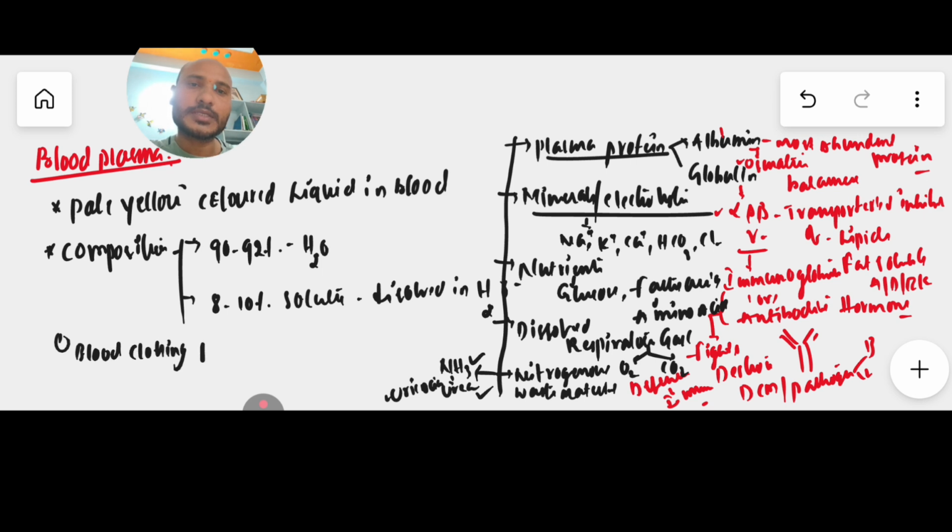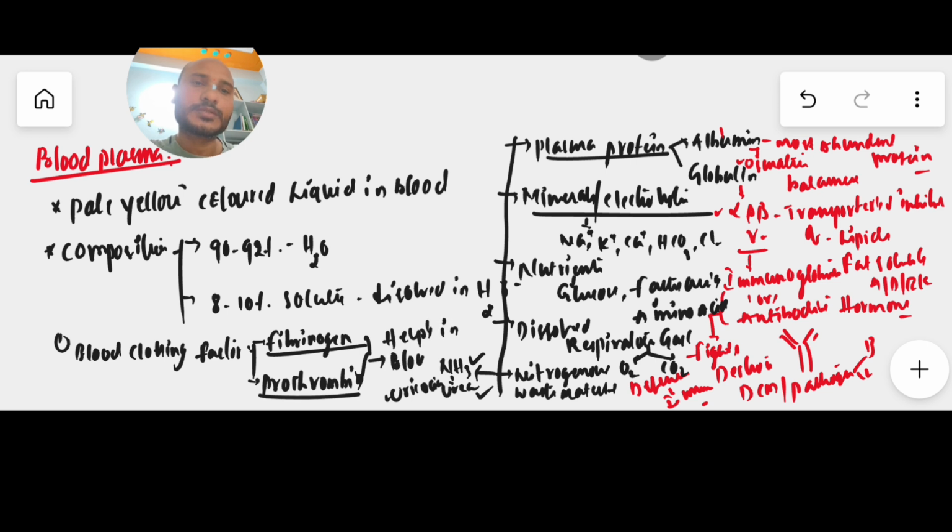Two important blood clotting factors are present: fibrinogen and prothrombin. Together they help in the blood clotting process. And a very important note here.